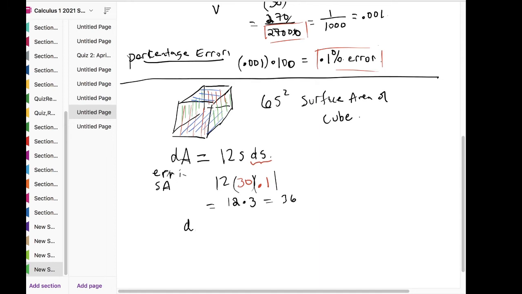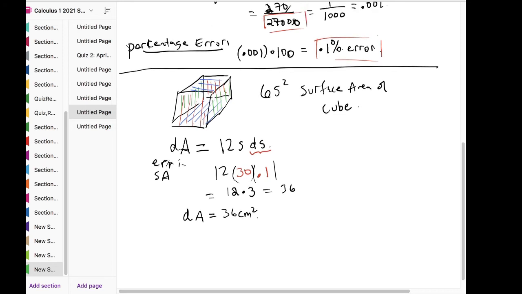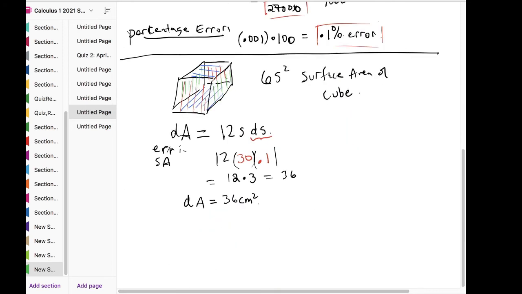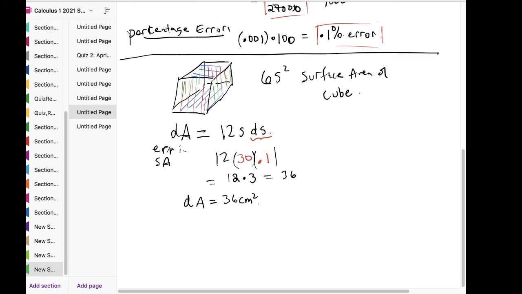So that seems a lot smaller, right? But let's see how it relates to the relative error. Just because 270 is bigger than 36, relatively it might be worse for error measurement. How do you do a relative again?